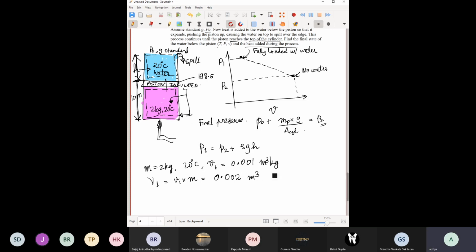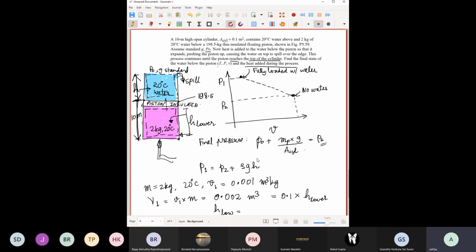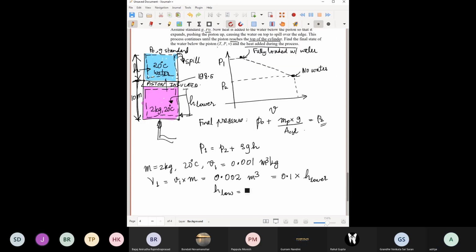This volume is equal to the area of the cylinder, 0.1, times the height lower. If I call this the height lower, then the height lower is equal to 0.002 over 0.1 meter square, which is 0.02 meter.